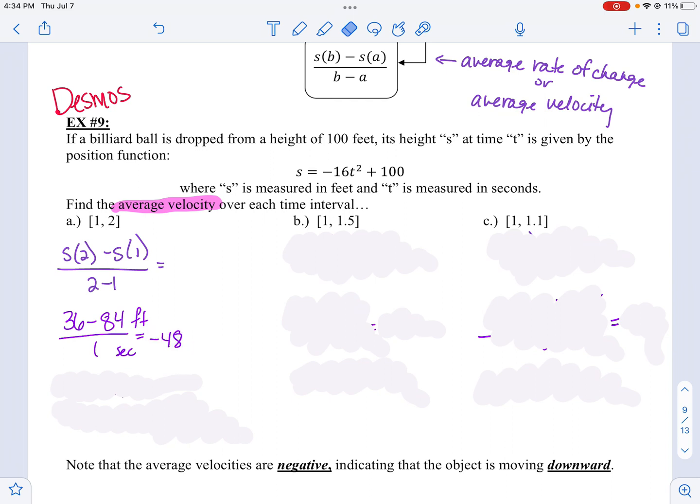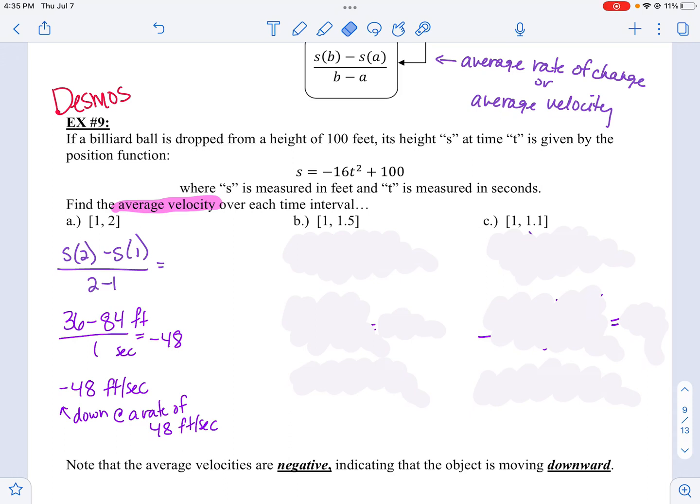When I end up calculating it, I get a negative 48. But really, it's a negative 48 feet per second. What this is representing is the average velocity, the speed at which this ball is falling between 1 second and 2 seconds. It is falling at a rate of 48 feet per second on average over that 1 second time interval.